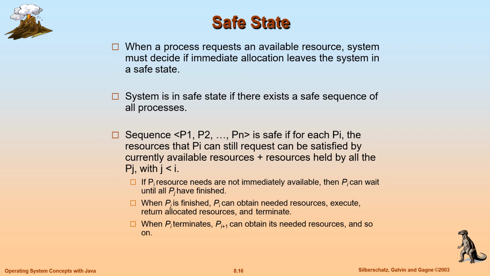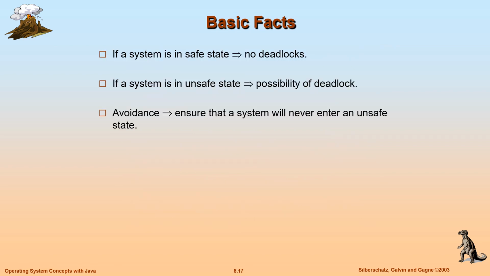Whatever Pi wants it gets, after that it executes and terminates. When Pi terminates, the next process in the line can obtain its needed resources and so on. Discuss now: if a system is in a safe state, it means no deadlocks.